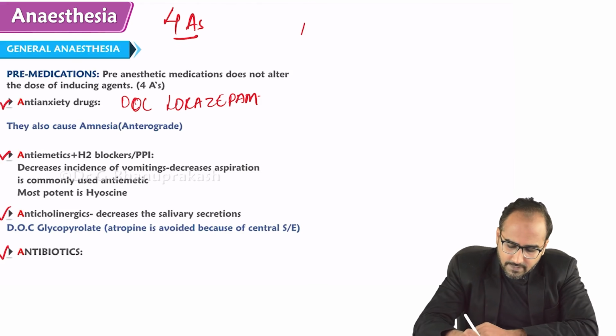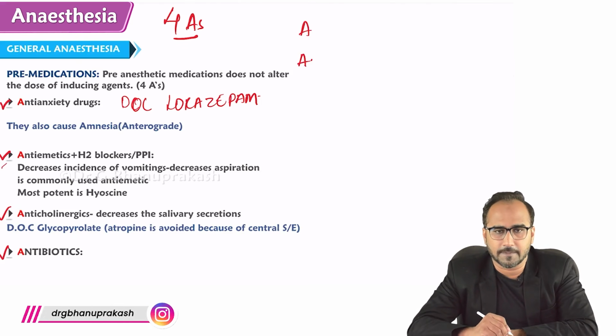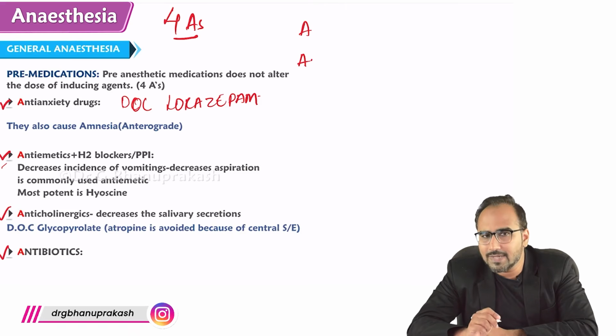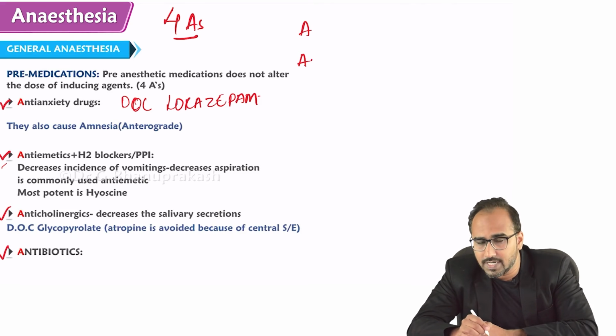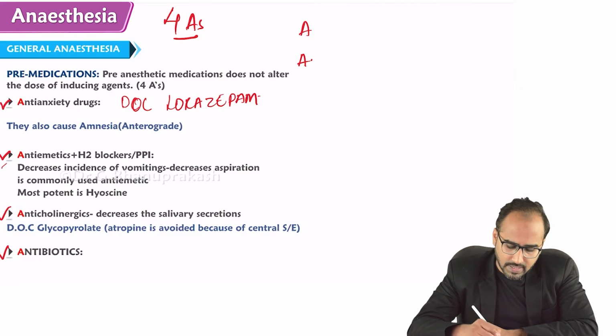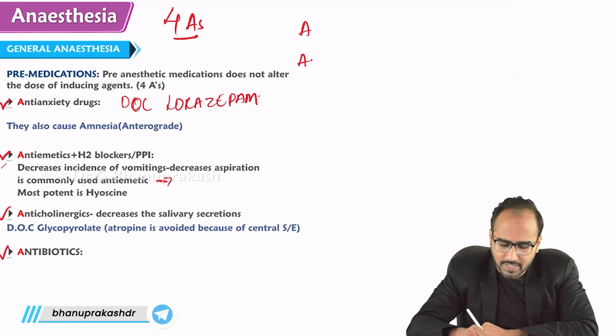The second A, the first A we have discussed. The second A is anti-emetic. This is the drug that usually prevents the risk of regurgitation and so on, right? The most commonly used anti-emetic drug is metoclopramide.